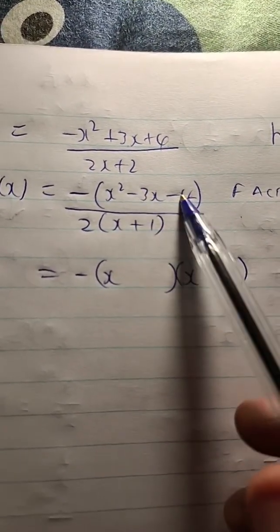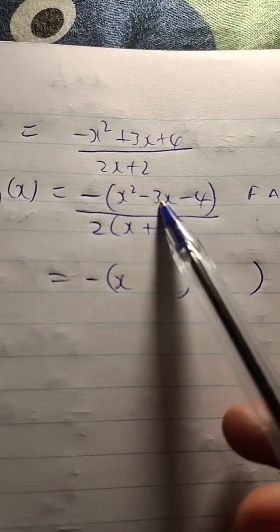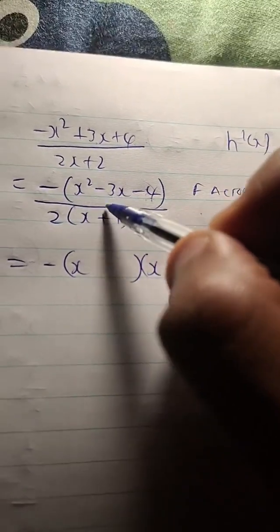When I add those same factors together, I need to get the coefficient -3, right? So the two factors of -4, which when I multiply give me -4, but when I add them give me -3, are 4 and 1, where my 4 is negative and my 1 is positive.